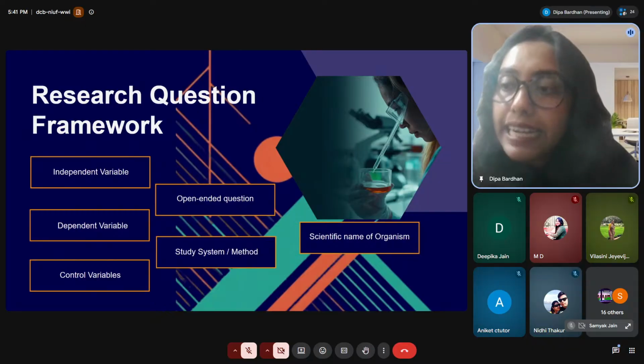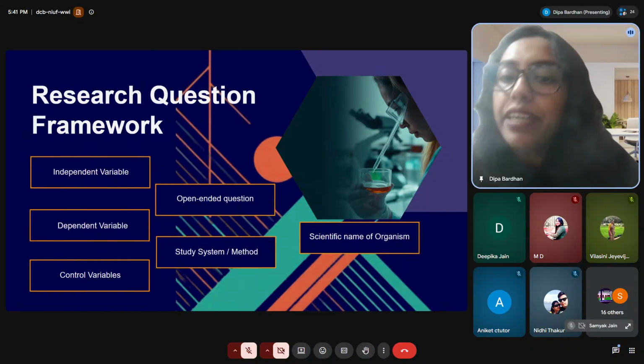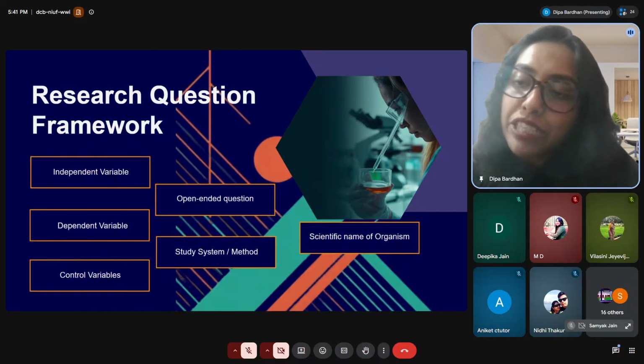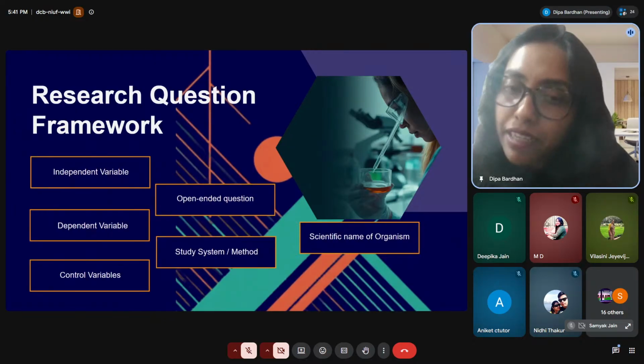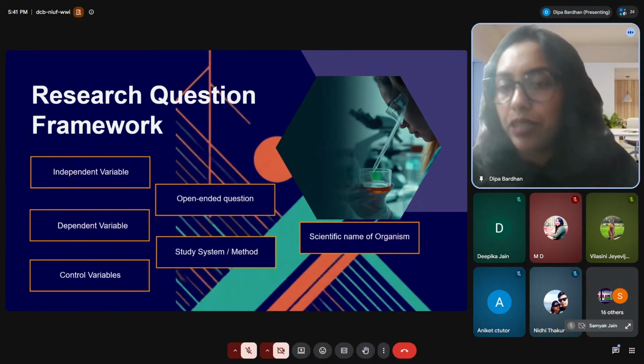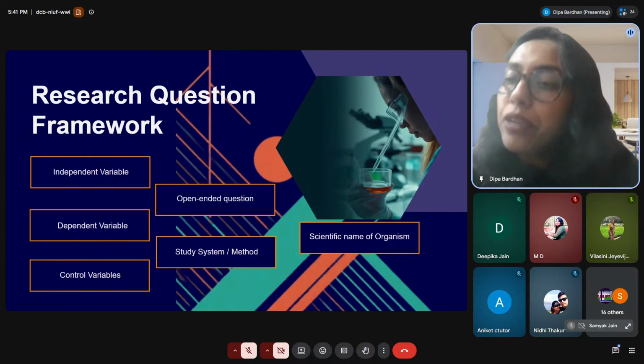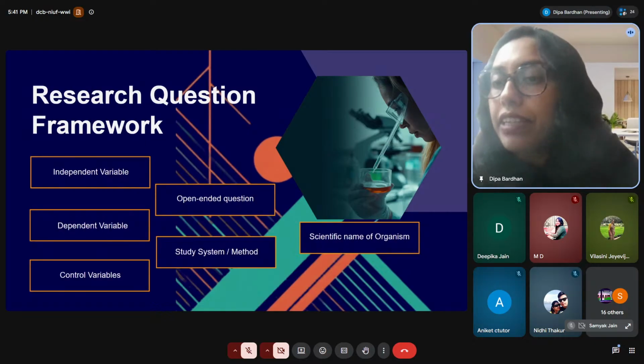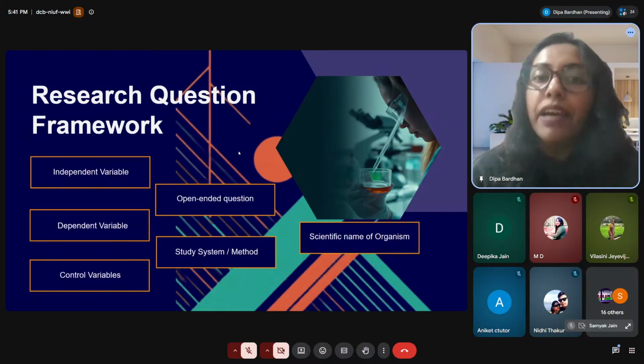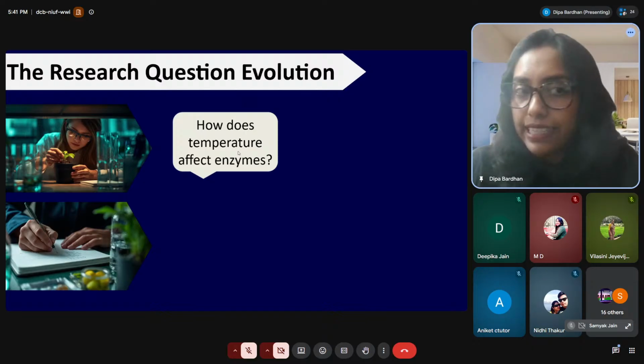Any standard method you are using in your IA for measuring the DV, the dependent variable, you can also include that. If you mention any organism in your biology IA, ensure you write the scientific name of that organism following proper guidelines.